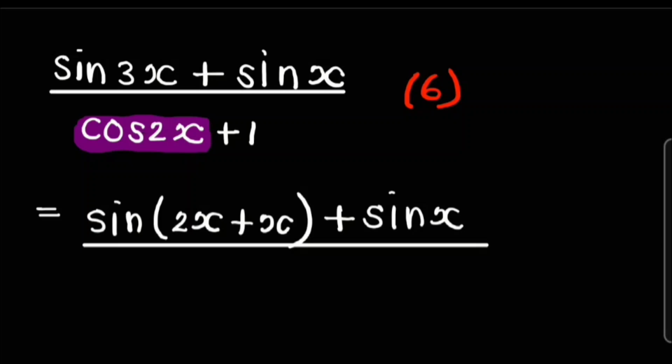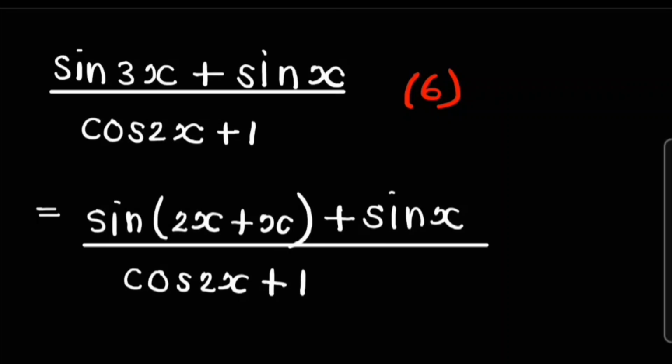Like here, what we notice is that because we have this plus 1 next to it, ideally it would be best if we choose an expansion that has 1 in it as well. Maybe we can go with 2 cos squared x minus 1, then the minus 1 and this plus 1 cancel out. So that's actually the expansion that I would go with, but for now I'm going to leave it as cos 2x until we have simplified the numerator where we can easily see what expansion we should choose.